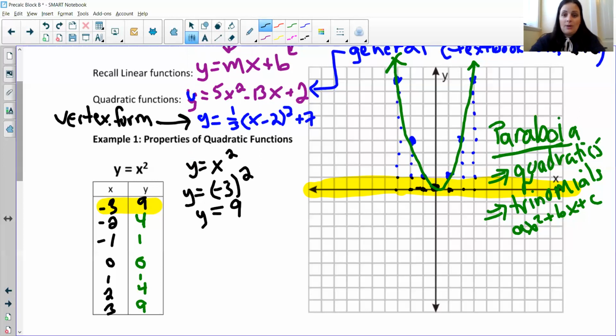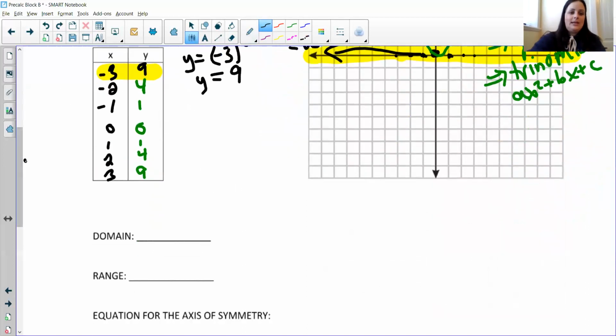So you could keep going this way on into negative infinity, and if you went up, eventually this parabola would go up high enough, it would go out enough to the left, the negative direction, that you would find a point on that parabola. Okay, so we say the domain is x can be any real number.